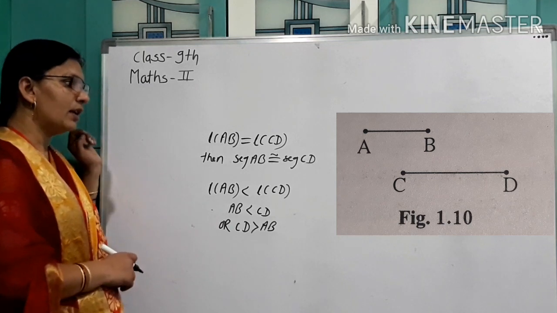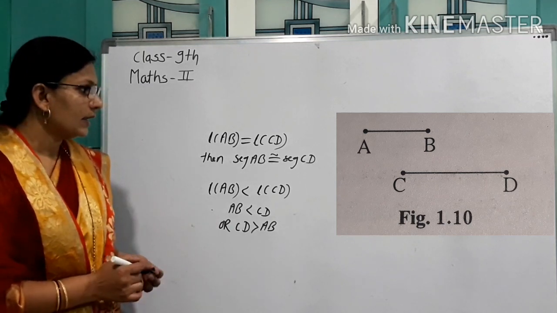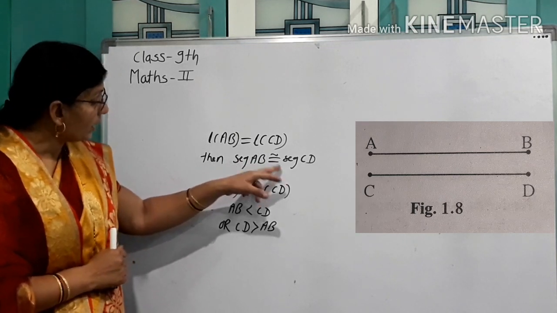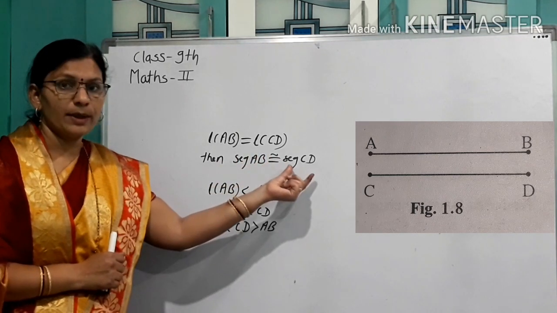That way we compare the given segments. Then congruence is denoted as segment AB congruent to segment CD.